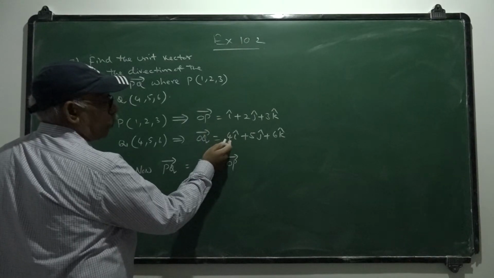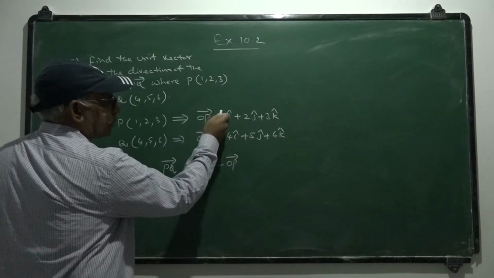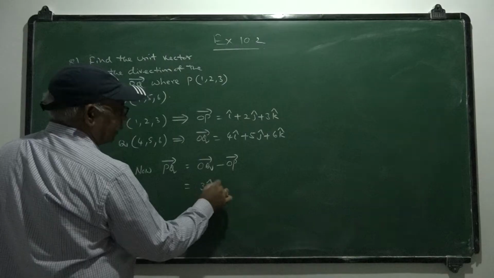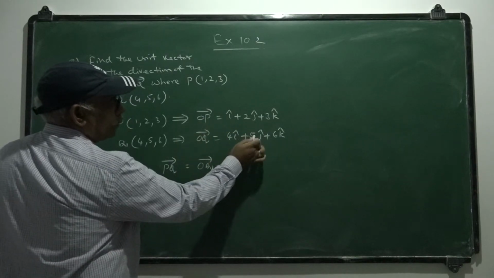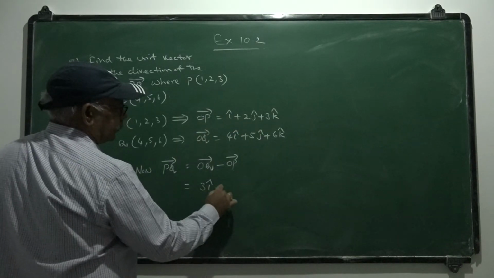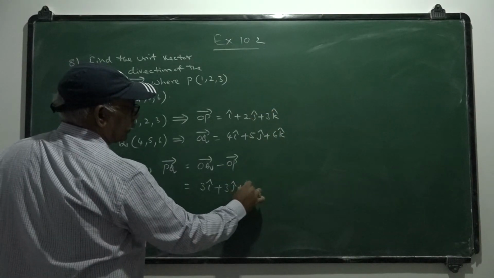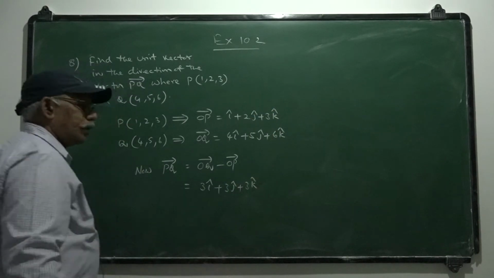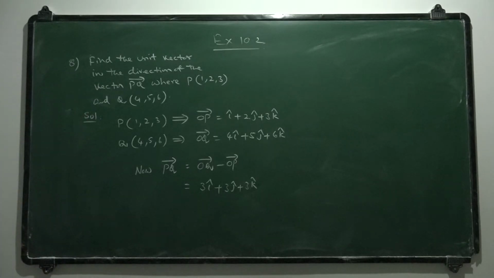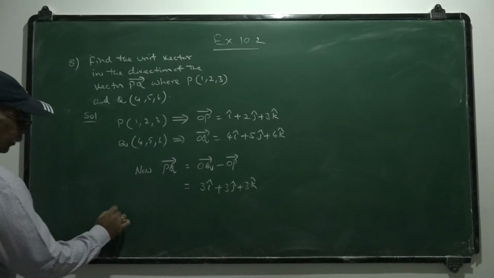Subtracting OP bar from OQ bar, we get 4i minus i, that gives us 3i, 5j minus 2j, 3j, 6k minus 3k, that gives us 3k. That is PQ bar.